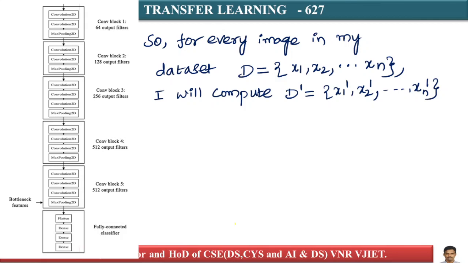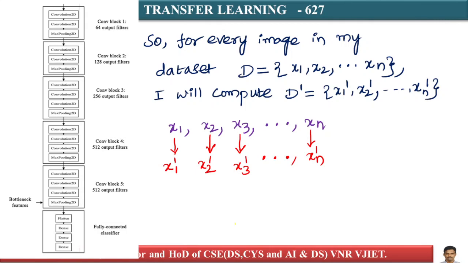Here I am using the VGG network except for the last few layers. I have input images x1, x2, x3, so on, xn, and I am calculating x1 dash, x2 dash, so on, xn dash.